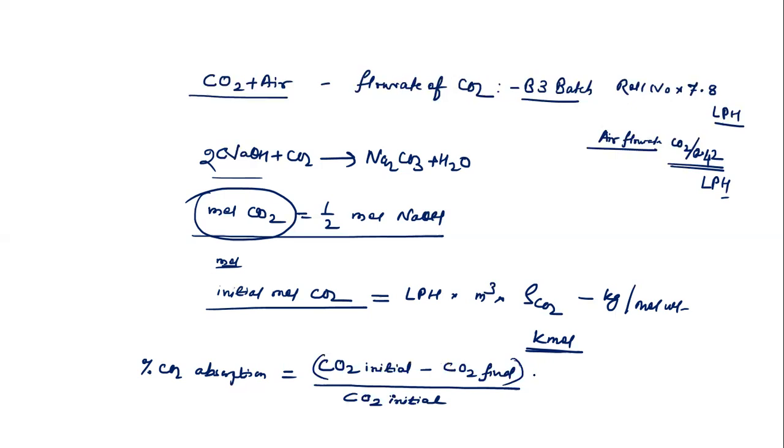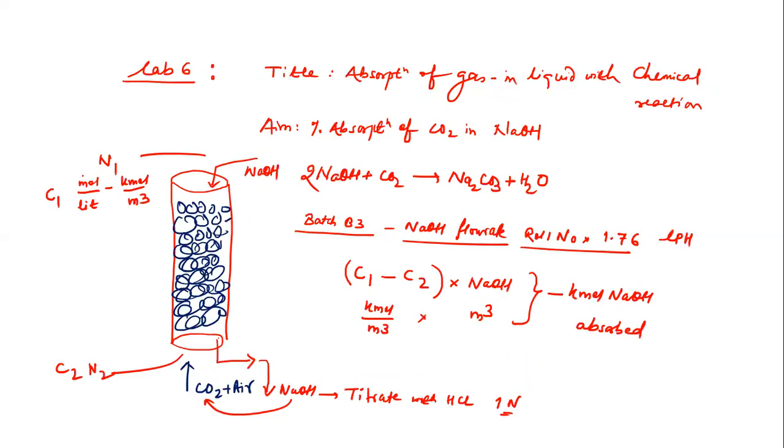So this is CO2 absorbed, right? Into. So this will give amount of CO2 absorbed. This one we have to find out. So everything is given. So accordingly you can find out. That's the 2 experiment. Thank you.